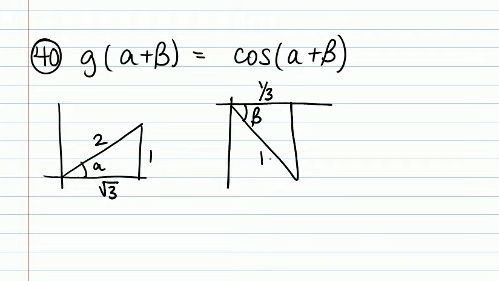One-third squared plus y squared equals 1. Y squared equals 8/9. So this is 2 root 2 over 3 negative.